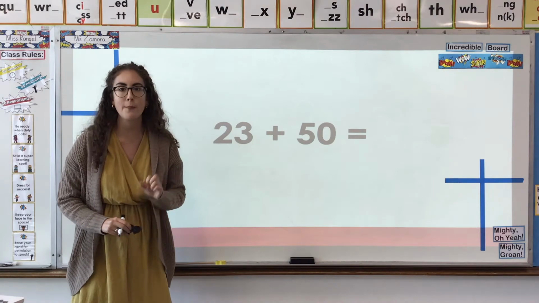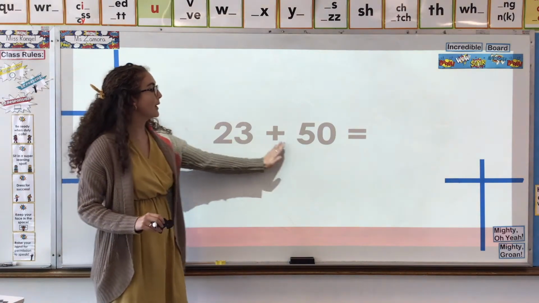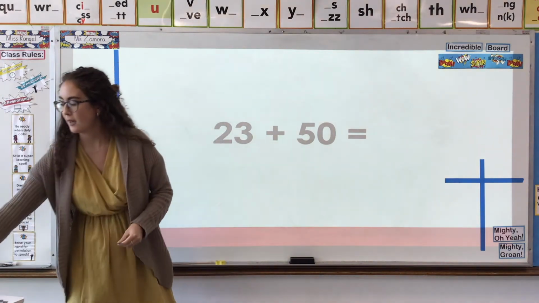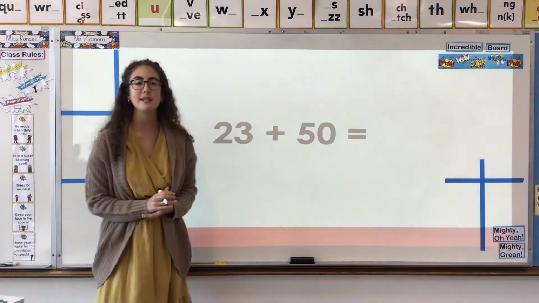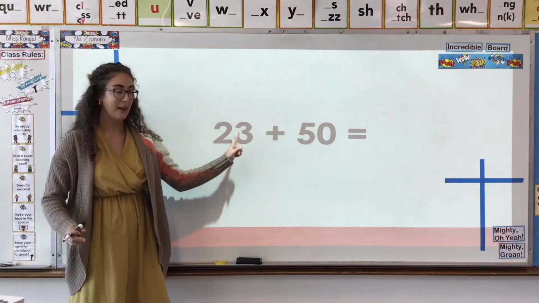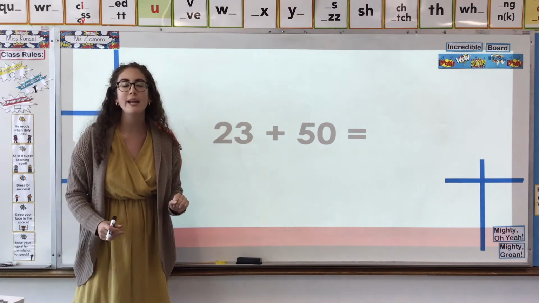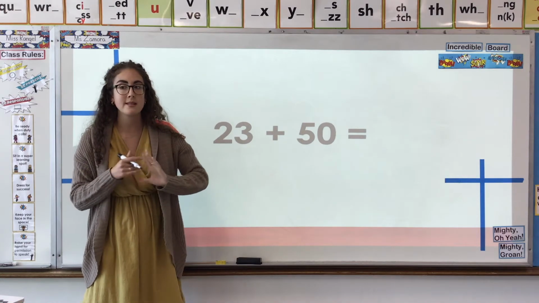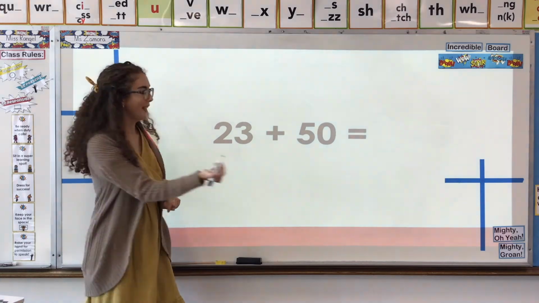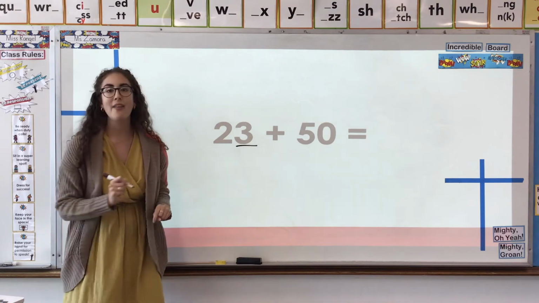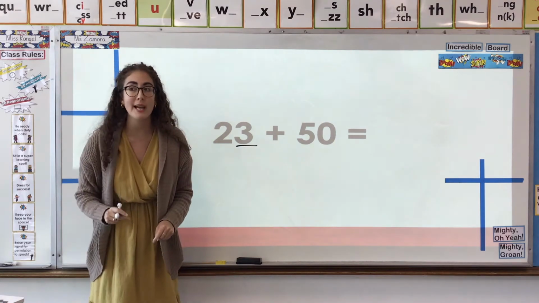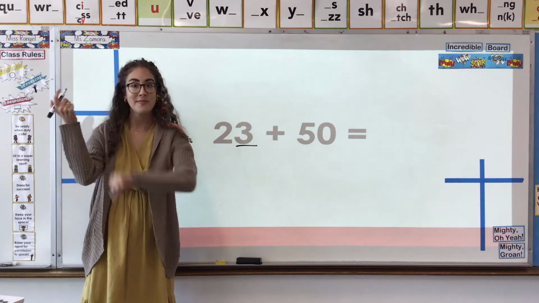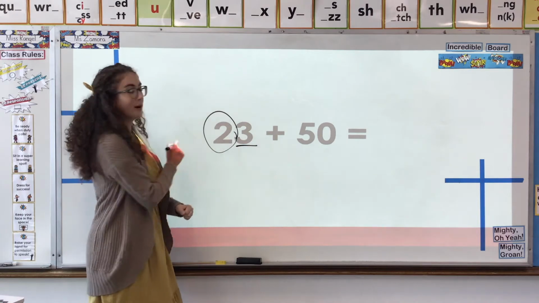This might look similar, but it's different. 23 plus 50. Ooh, 23 plus 50. Okay, for 23, what number is in the ones place? The 3. And then what number is in the tens place? It's the 2. Awesome.